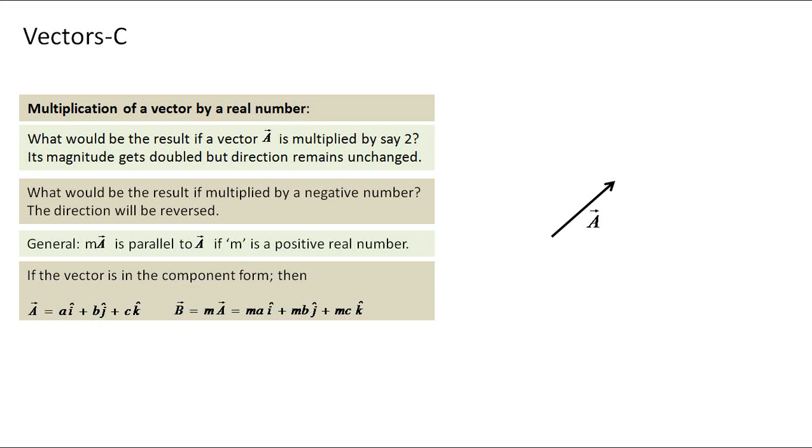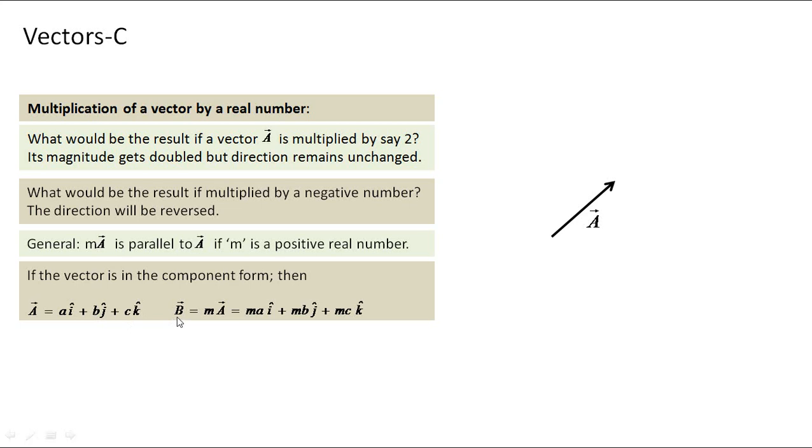What will happen if the vector is in component form? The vector is in the form a i cap plus b j cap plus c k cap, where a, b and c are components in the x, y and z directions respectively. In component form, it is equivalent to a vector A expressed as the sum of 3 vectors. When we multiply this vector by some real number m, each of these 3 vectors gets multiplied by m.